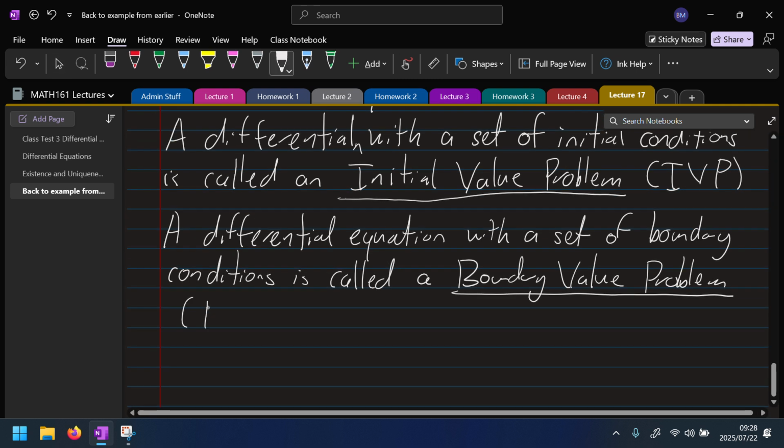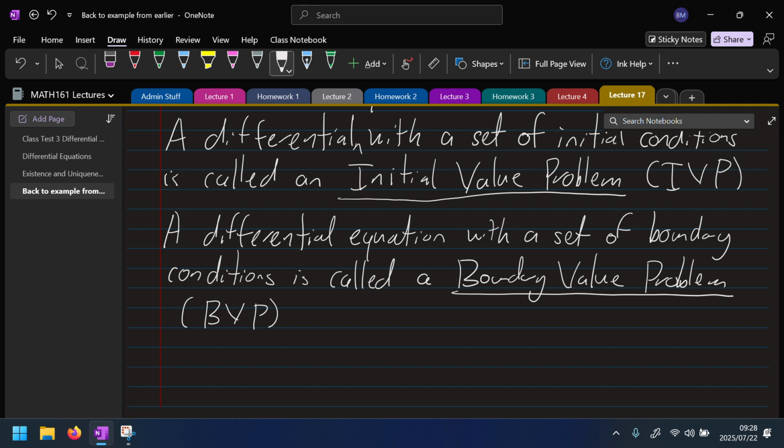Okay, and you'll see this as BVP. So again, the question will be some differential equation, some sets of boundary values, and we'll say solve this BVP. And then you go ahead and follow the steps for that.